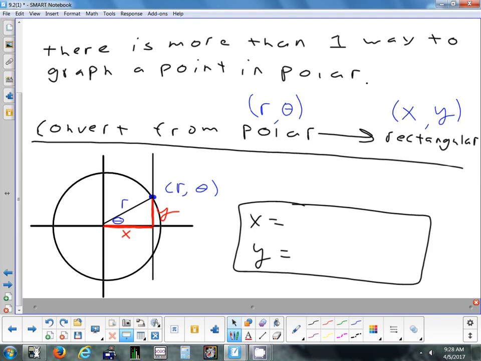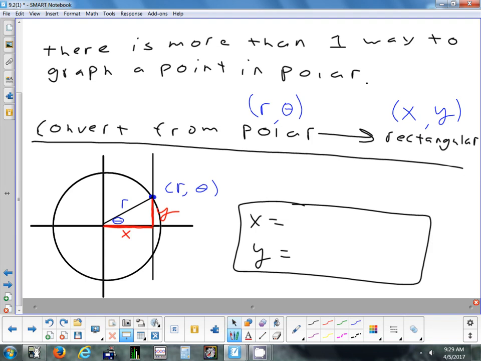So now I just need to figure out a formula, and we've done this a few times with vectors and other places. Formula for x and y. What trig function would I use that would involve the x, the theta, and the r? You can use secant, right? Yep, that's the idea.